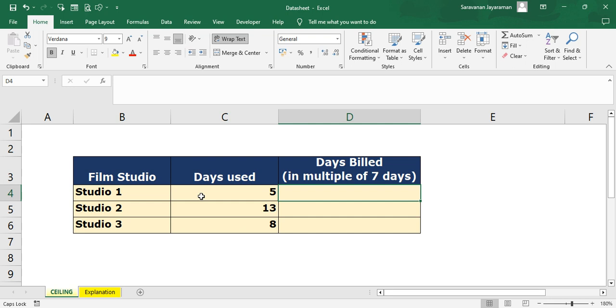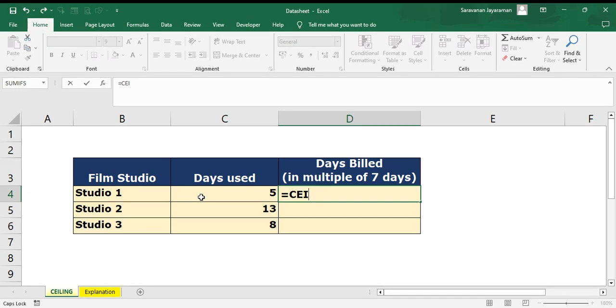Now, how many days does the studio need to bill? Let's see, using the ceiling function. So I'll put equal to ceiling, open bracket, number.